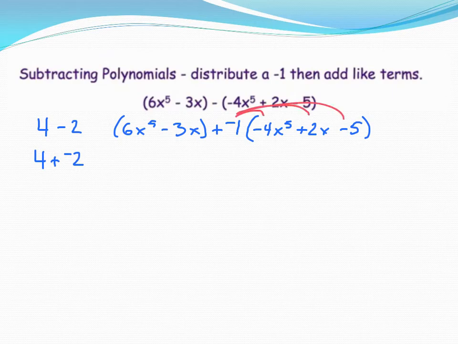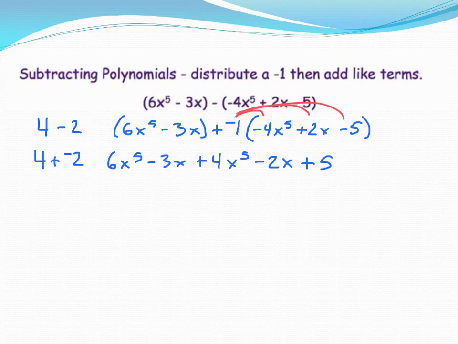So you have to think of subtraction as adding a negative. So when I do that, here's what's going to happen. I have 6x to the 5th minus 3x. When I distribute the negative 1, negative 1 times negative 4 is going to give me positive 4x to the 5th. Then I have negative 1 times 2x, that's going to give me minus 2x. Negative 1 times negative 5 is going to be plus 5.